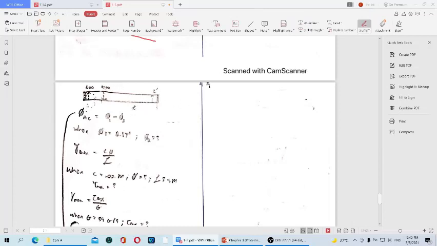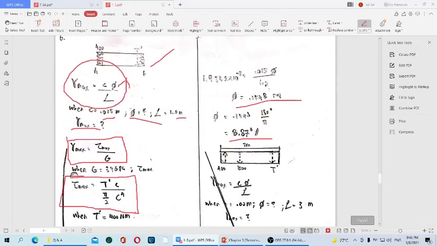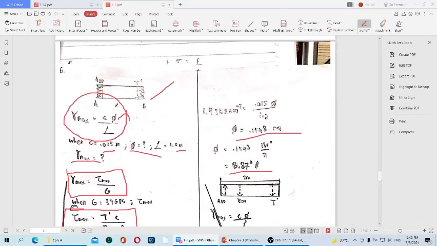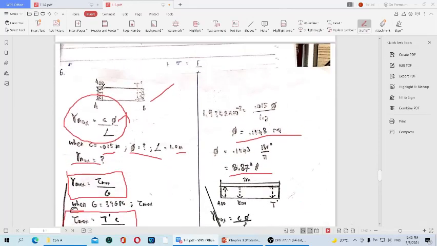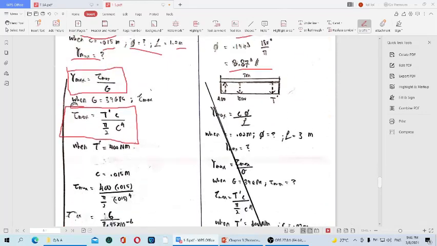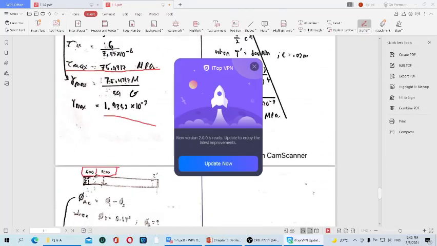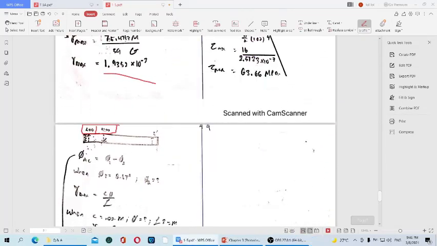Now, what is the internal torque for both of these applied torques? To be honest, the direction for the internal torque will be downward for 400 Newton meter, but here I forgot to include the direction for the internal torque.